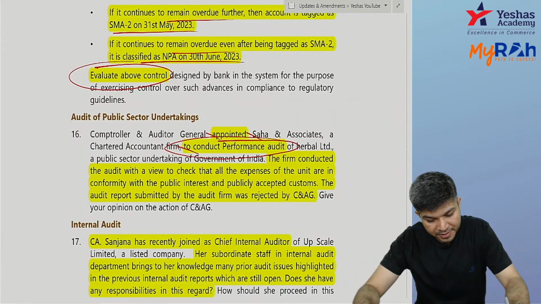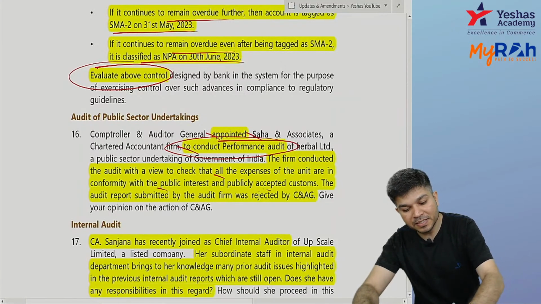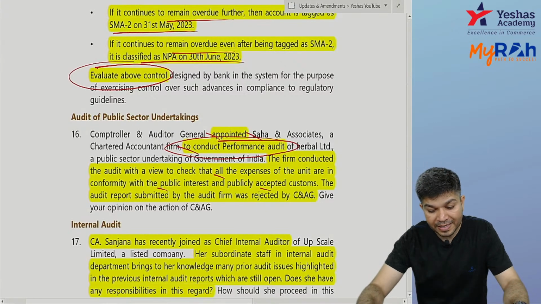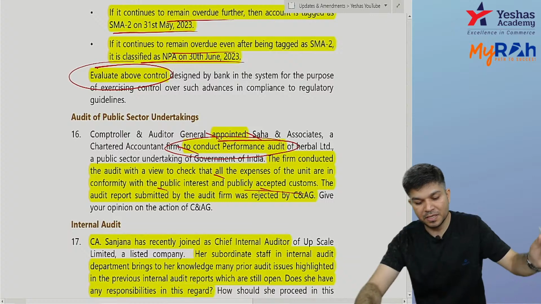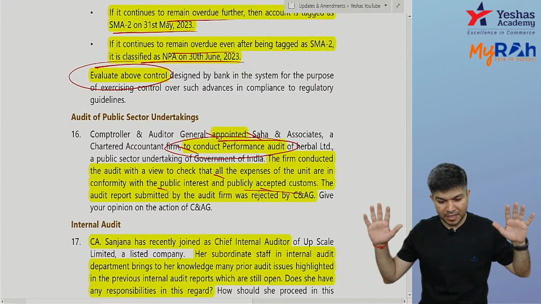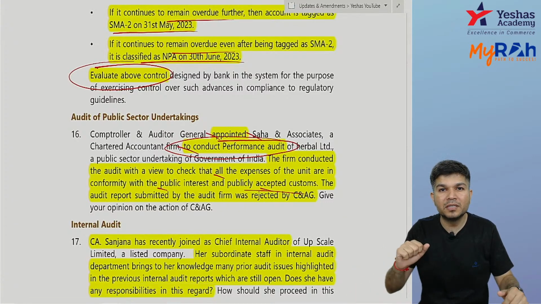The firm conducted the audit with a view to check that all expenses are in conformity with public interest and publicly accepted customs. So you check that all expenses are done as per the public interest and publicly accepted custom. This is a proprietary audit.